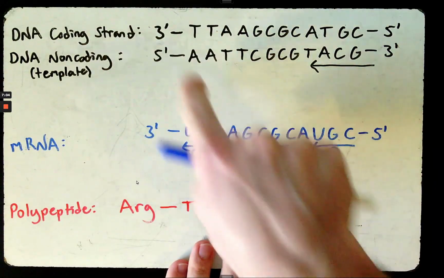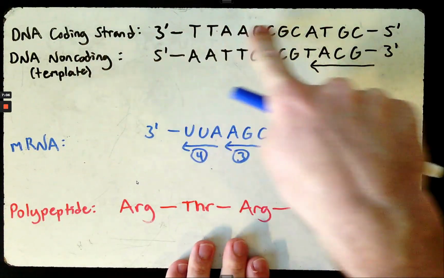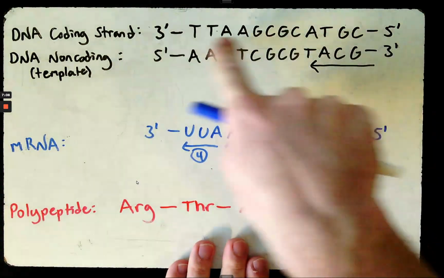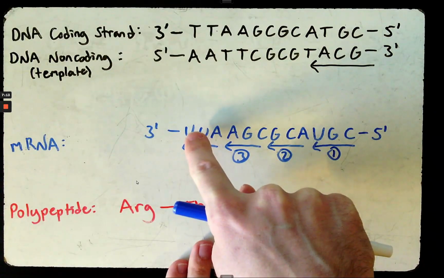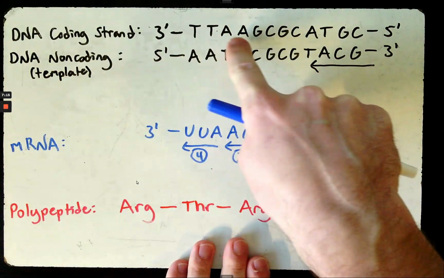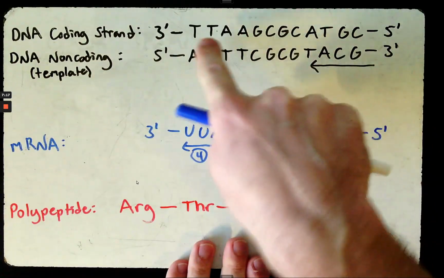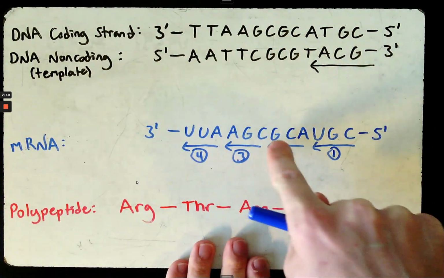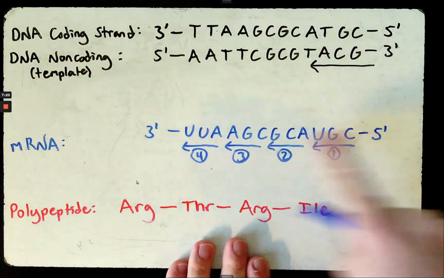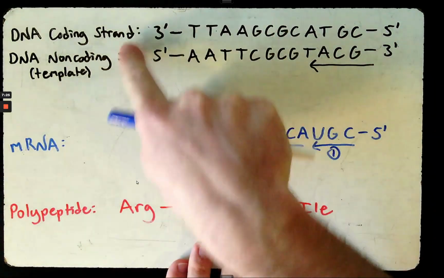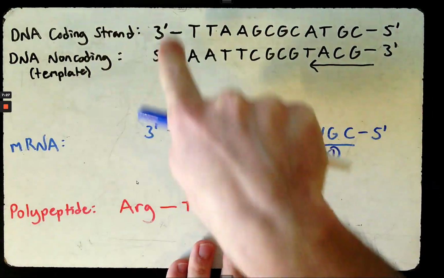So I know my mRNA is going to be exactly the same as the coding strand, except for the T's are going to be U's, because there's no T's in RNA. So right here it says T, T, A, A, G, C, G, C. Well, on here it's going to say U, U, A, A, G, C, G, C, and so on. It's actually the same code, except the T's are now replaced with U's, and it's the same direction, 3' to 5', 3' to 5'. My mRNA is basically identical to that.